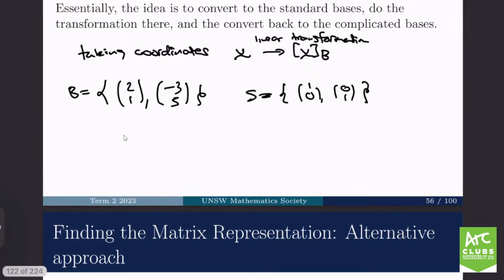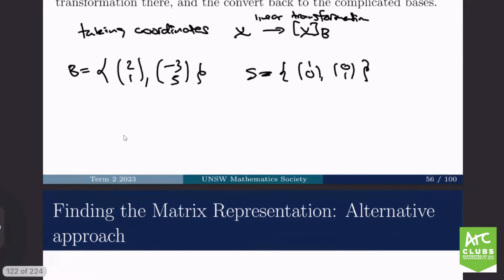Now, a very key idea here is that if I transform one vector with respect to the basis B to another vector with respect to the basis S, I'm not actually changing the vector, I'm only changing its representation. So it's a sort of identity map, okay? Because I'm not actually changing the vector.